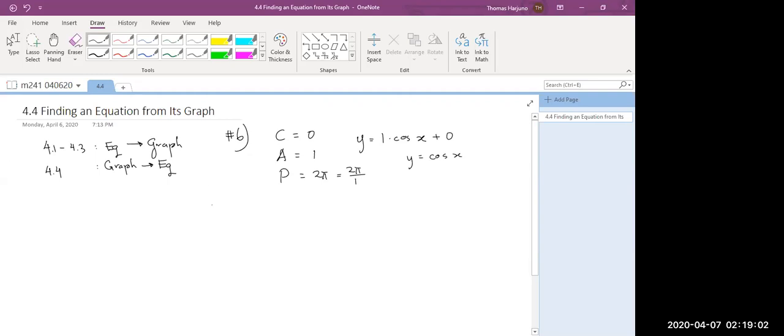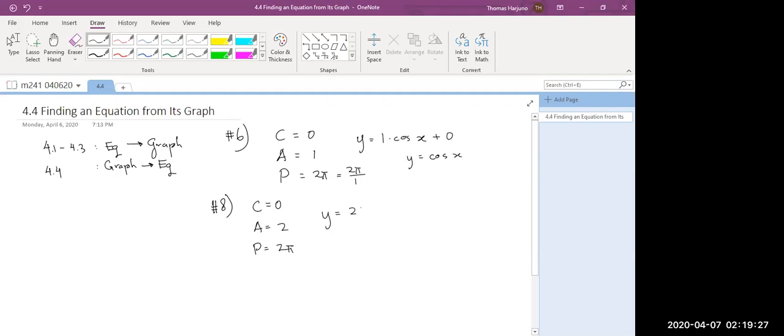Now, how about number 8? What's the center? 0. How about the amplitude? 2. How about the period? 2 pi. So this will be y equals 2.